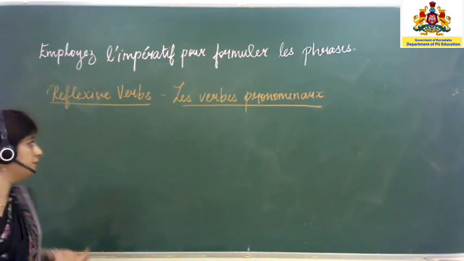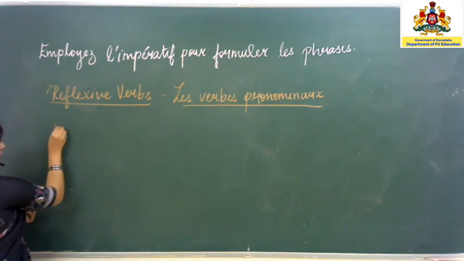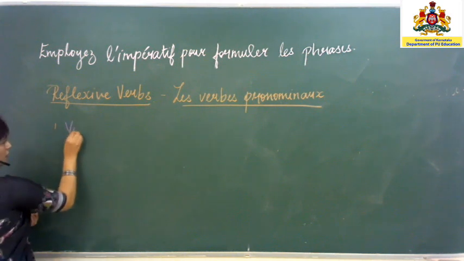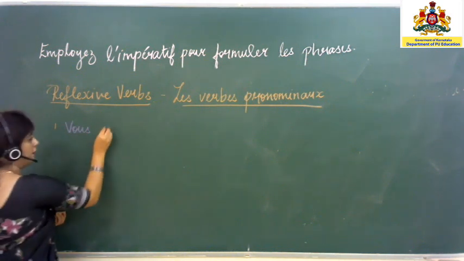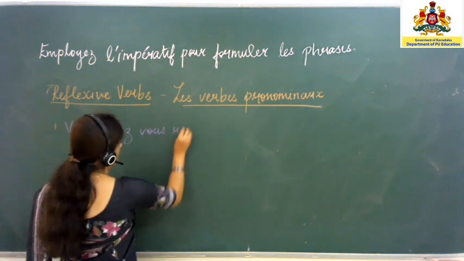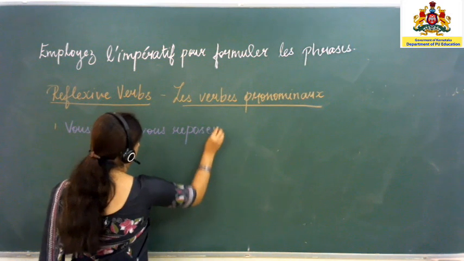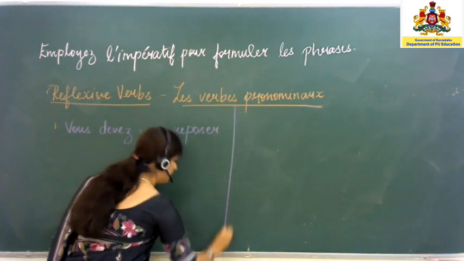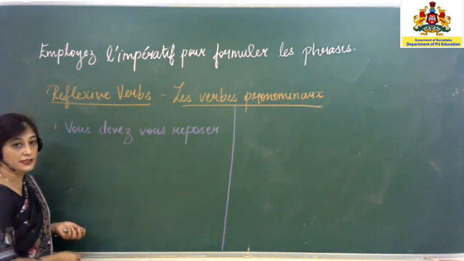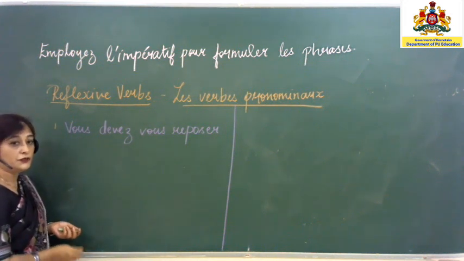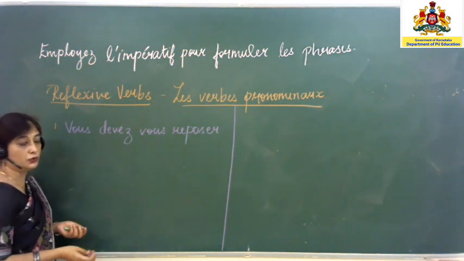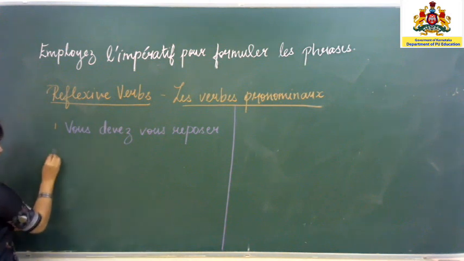For example, if the sentence is given to you as vous devez vous reposer. Fine. So you have a sentence given. Now you have two vous. That itself tells you that this sentence is a reflexive sentence. So if you have two vous, two nous, or a tu and a te given, then you know it is reflexive. I will give you another sentence.